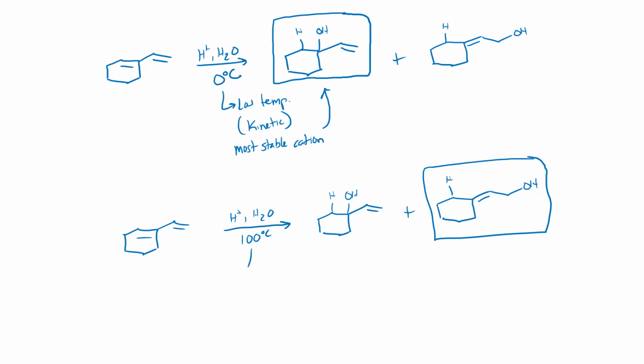So we have high temperature. High temperature implies that we're going to find the thermodynamic product. The thermodynamic product is the most stable product. And so we consider this one as the most stable product. Right? So that's the process.